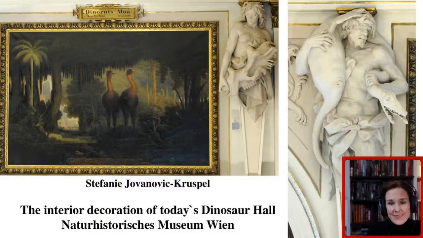Yes, I would like to present a very special case study of Palaeoart, the decorative scheme of the dinosaur hall in the Naturhistorisches Museum Vienna. As time is very limited, I would like to concentrate on 3 aspects of this artwork. The first one is that it is a really unique Paleo-Gesamtkunstwerk, which means it is a total piece of art combining paintings and sculptures.